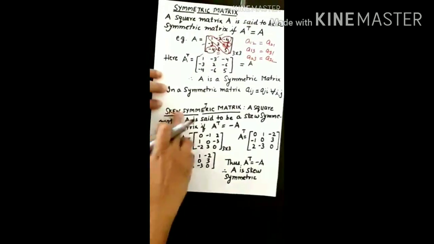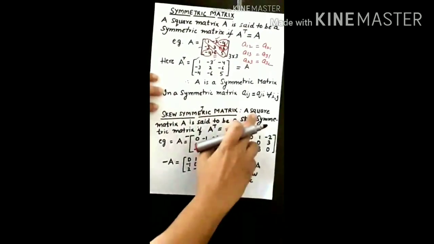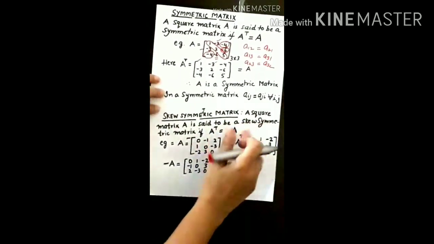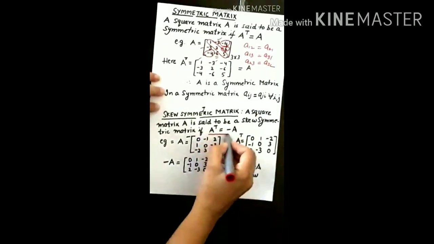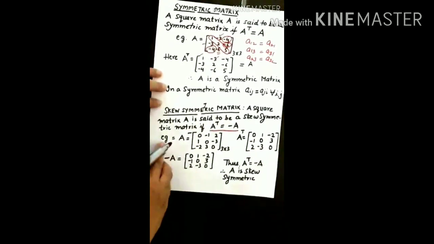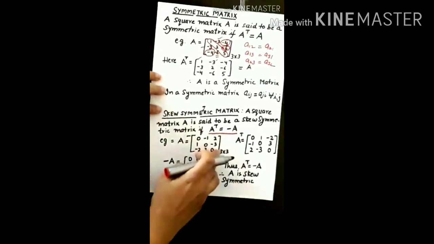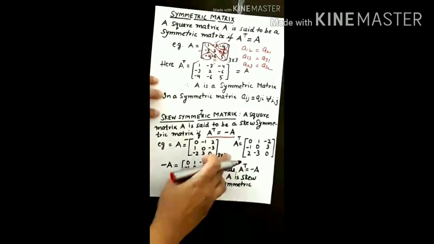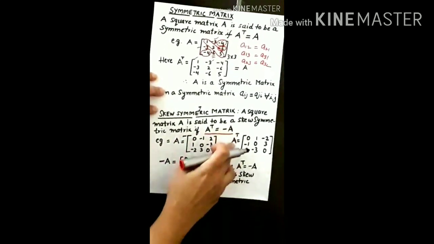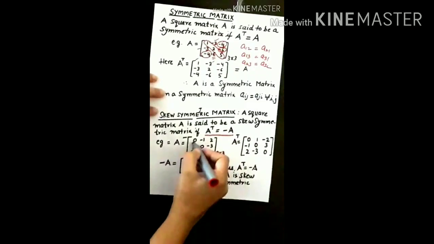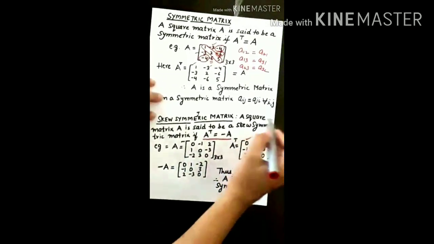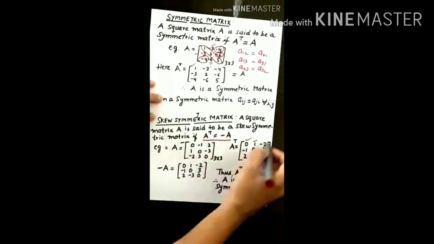Next we have skew-symmetric matrix. A square matrix A is said to be a skew-symmetric matrix if transpose of A is equal to negative of A. For example, consider this matrix A of order 3 by 3 with entries as shown here. If I compute the transpose of this matrix, the first row will become the first column, second row the second column, and third row the third column.